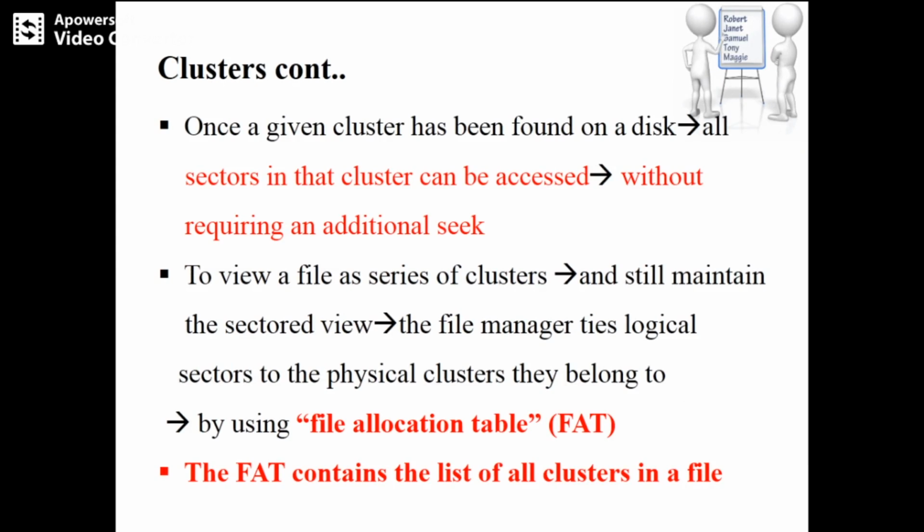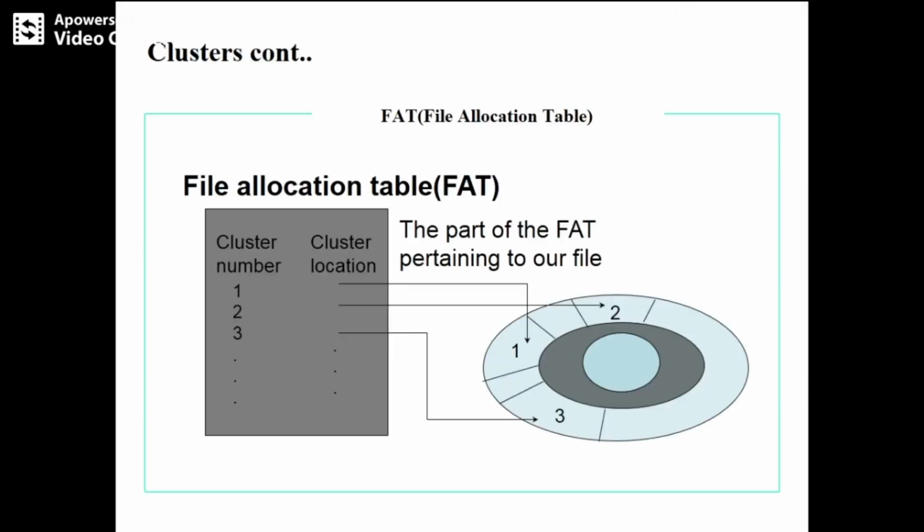So in this particular cluster organization, we have the concept of the file allocation table. So the file allocation table contains a list of all clusters in the file. You can see this diagram over here. So you can see the file allocation table and the disk.